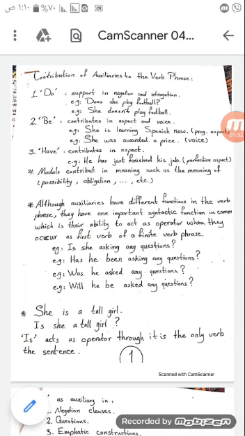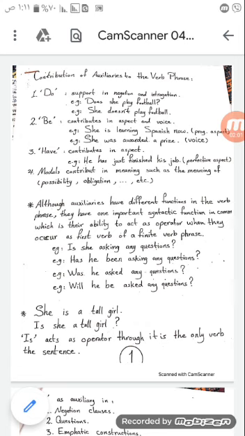They don't have the present participle, the ing form. They can't be used in the s form. So they are called modals, but they also have functions, which is expressing meanings such as necessity, possibility, obligation, and other meanings.